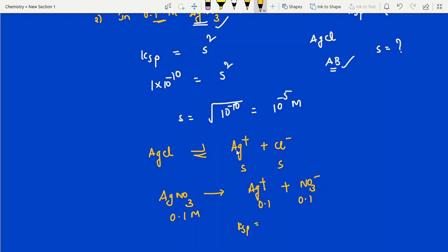If you calculate Ag plus, you have to take both: S plus 0.1, into Cl minus. We are calculating only how much AgCl is soluble, so the Cl minus concentration is S. That's all. If you do not take S plus 0.1, you will get a wrong answer.